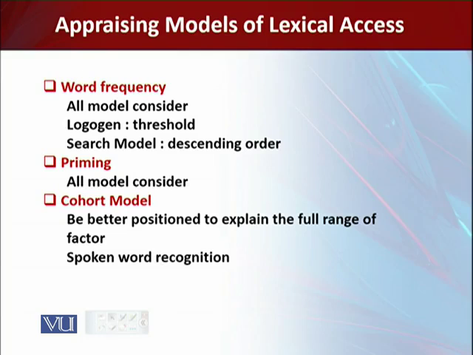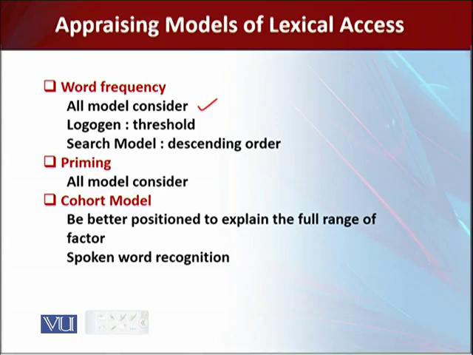Now, as we can see, all models consider this, especially the logogen and search models. The explanation for the word frequency effect provided by logogen is that each time a word is encountered, the threshold for the logogen is temporarily lowered.